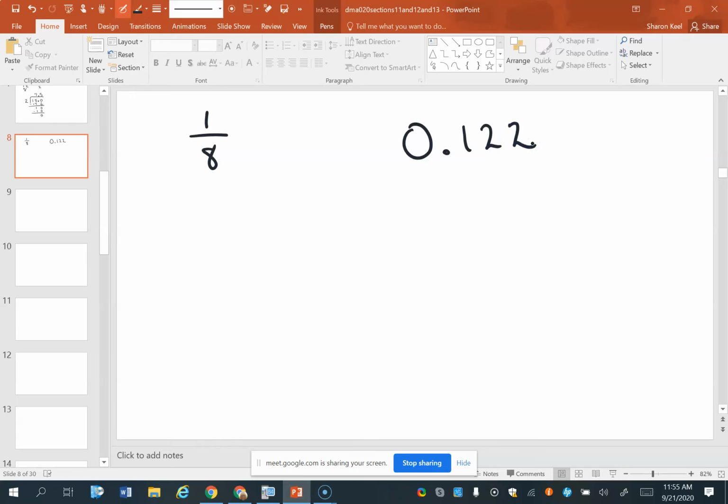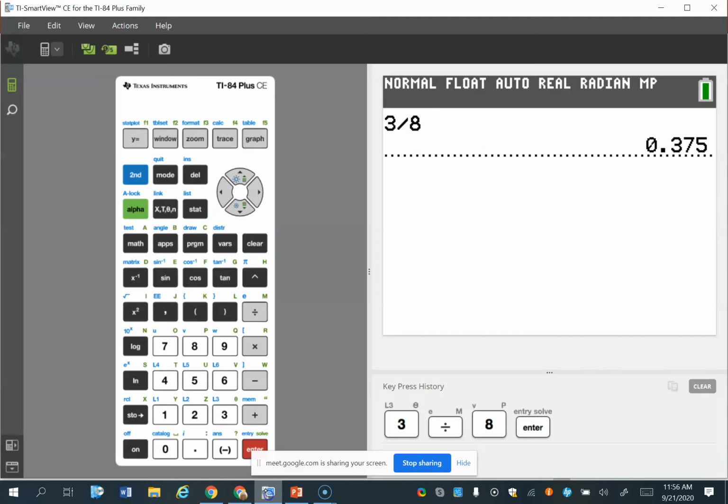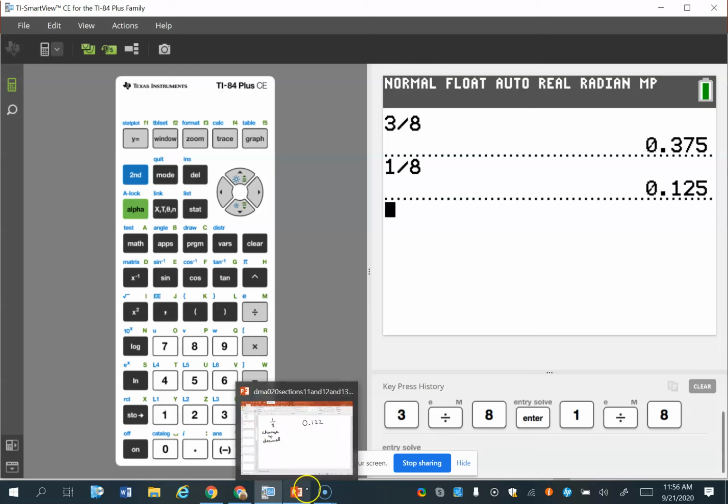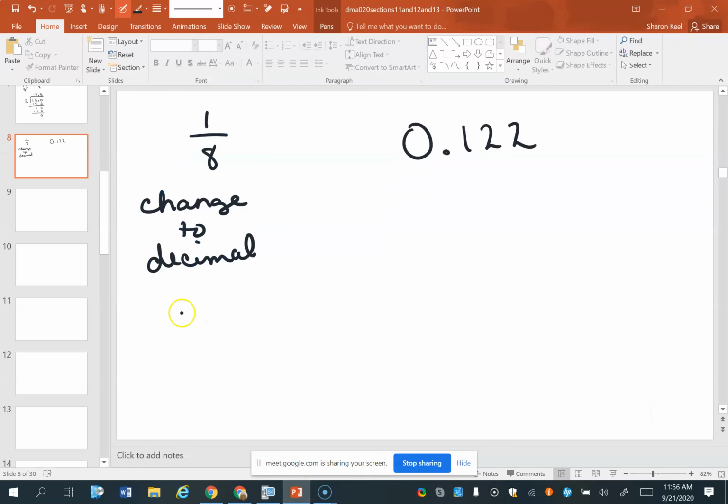If we're going to compare, you want to take the fraction and change it to a decimal. You can go through the process longhand we did a moment ago. I recommend just do your 1 divided by 8. That's going to give you 0 and then 125. So 0.125. We're comparing 122 thousandths.